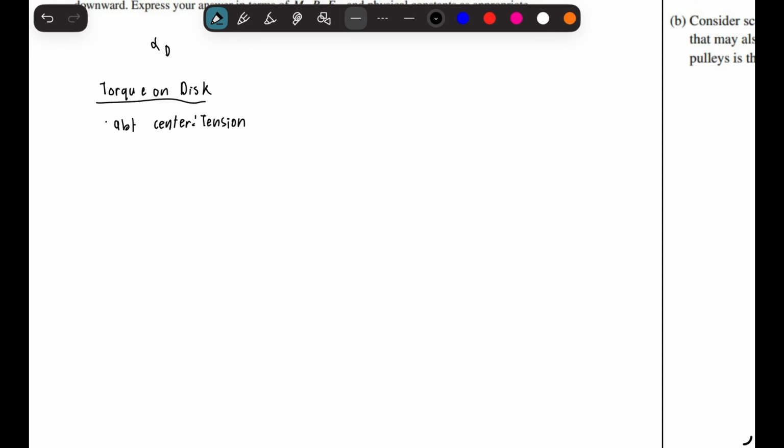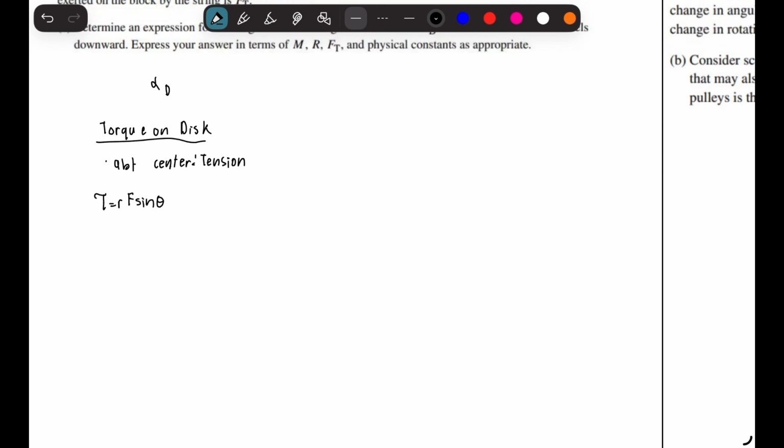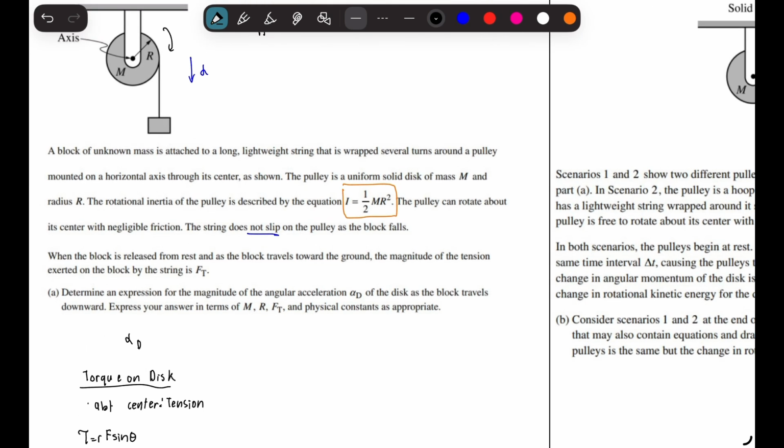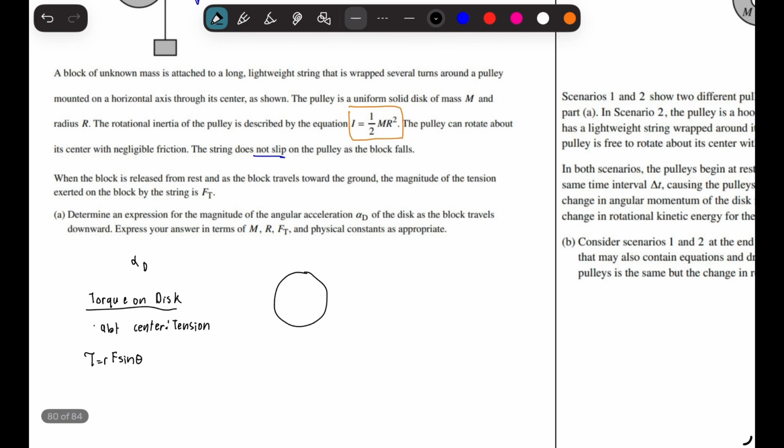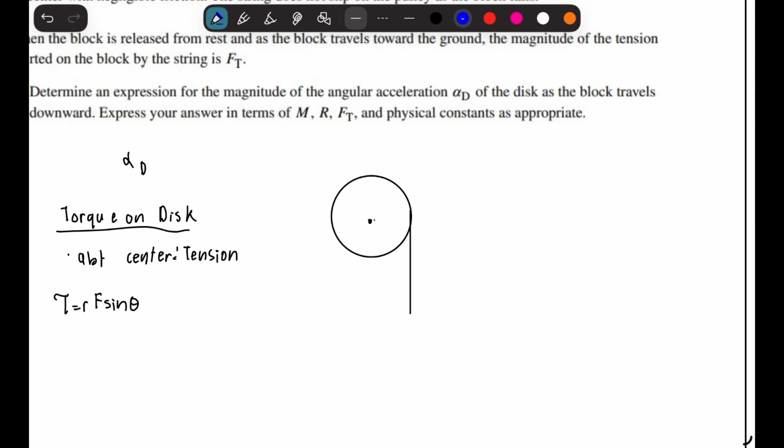Now, tension, we can get that from using torque. We know that torque is equal to rF sine of theta. So let's look at our disk again. When we have a disk, it's like this, and the tension is pulling on it like this. The center of mass is here, and our lever arm is the distance from the force on the object to the center of mass.